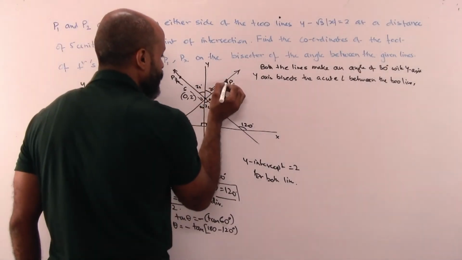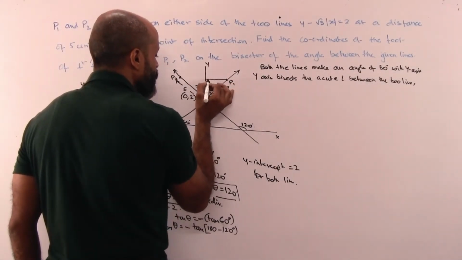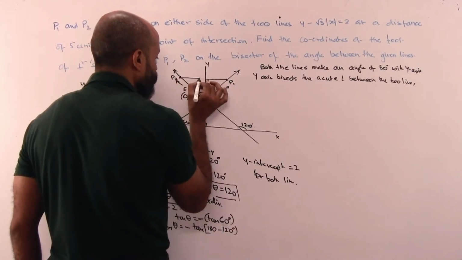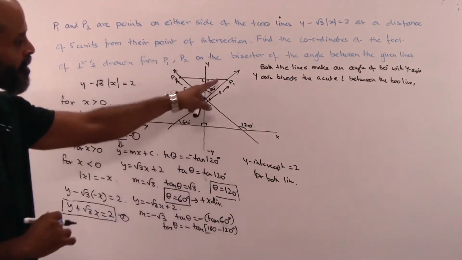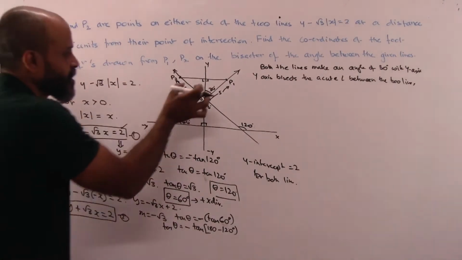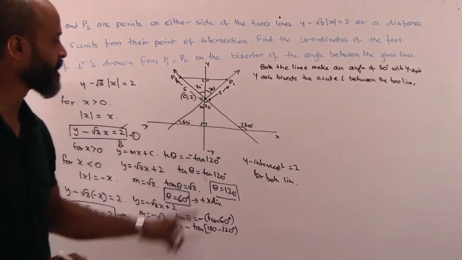So let's say this is a perpendicular drawn, and this is a perpendicular drawn. Now both the perpendiculars will be the same. See, these are two congruent triangles.